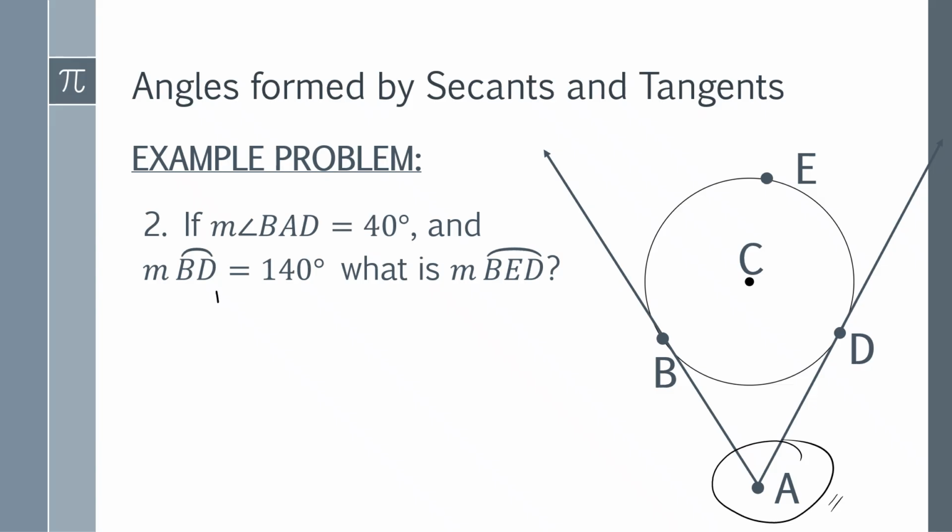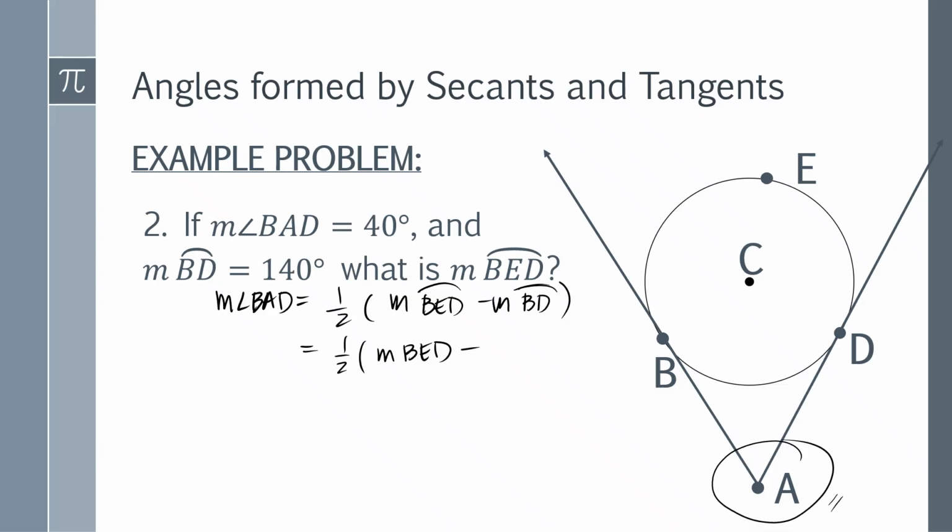So the measure of angle BAD is equal to half of the measure of arc BED minus the measure of arc BD. Okay? So this means 1/2 times the measure of major arc BED, which is unknown, minus the measure of arc BD, which is 140 degrees.